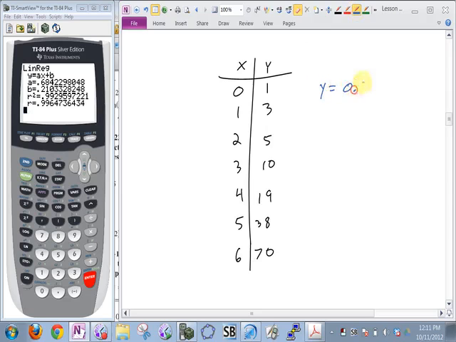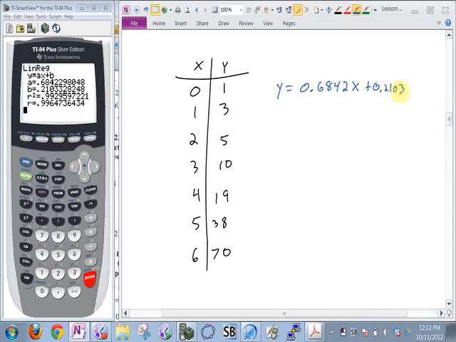So y equals 0.6842x plus 0.2103. So that line fits the transformed linear set of data, but not the exponential set of data.